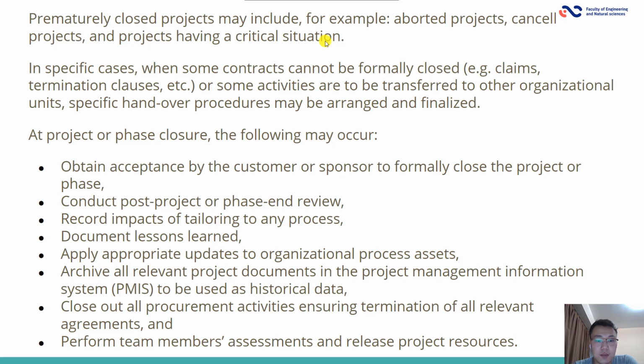Archive all relevant project documents in the project management information system, to be used as historical data. Close out all procurement activities, ensuring termination of all relevant agreements. Perform team members' assessment and release the project resources.